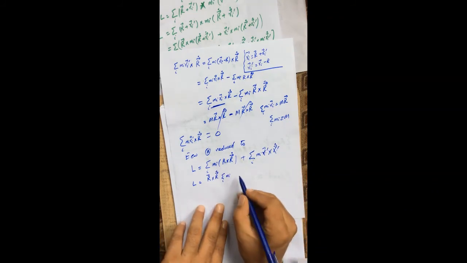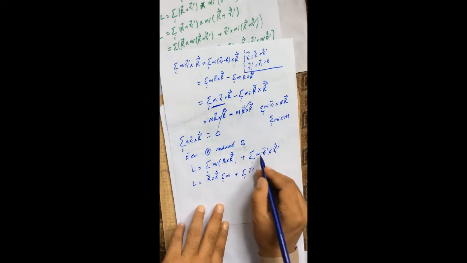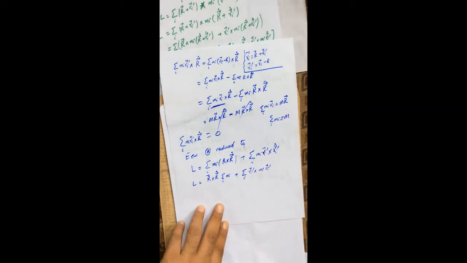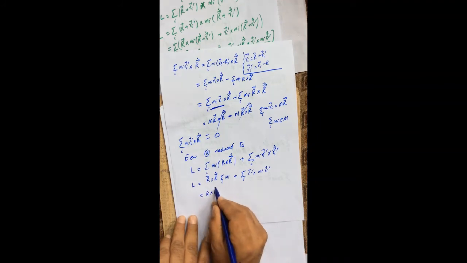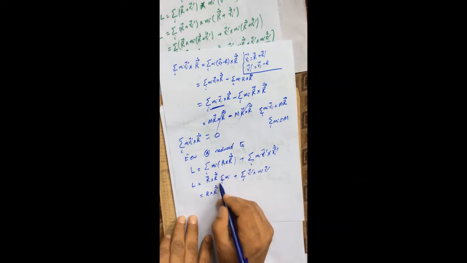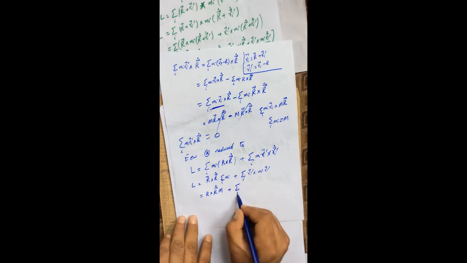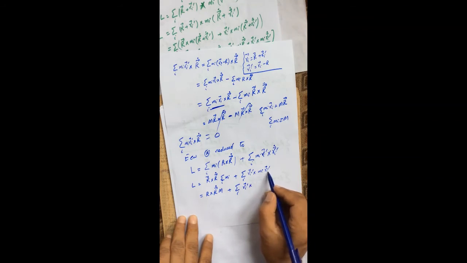Next we have plus sum over i of Ri prime, and I bring this mi to this side, cross mi Ri prime dot. Now this is equal to R cross R dot, and this sum over i of mi is the total mass, so I will replace it by capital M, plus sum over i of Ri prime cross mi Ri prime dot.